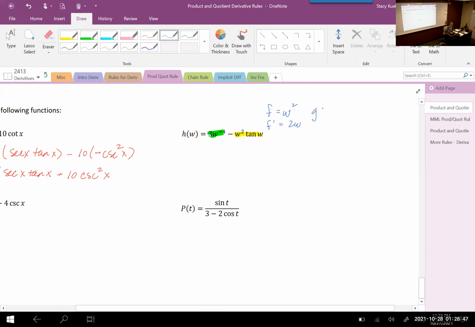If g is tan w, then g prime is secant squared w. Positive. Okay.